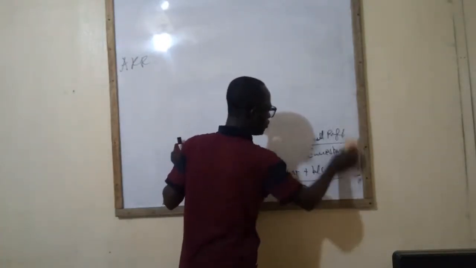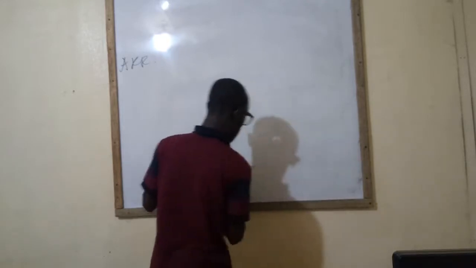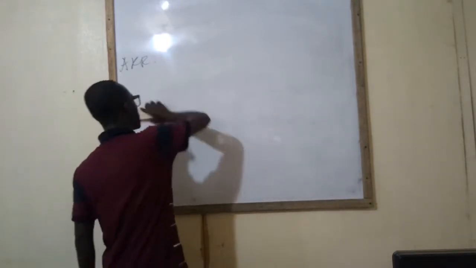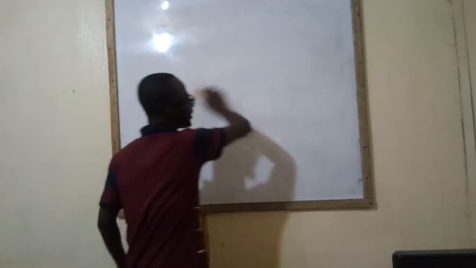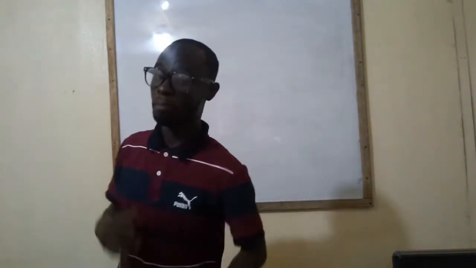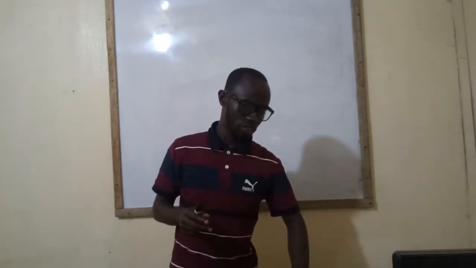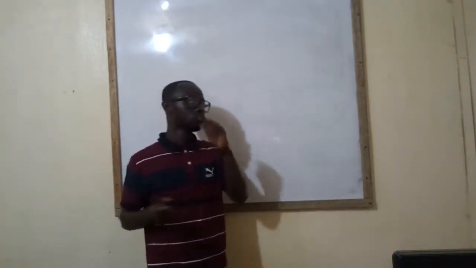Right, so looking at this question, there are two projects. The examiner is saying that these projects are mutually exclusive, meaning we can choose to accept one and leave the other. So we are not obliged to take both projects.